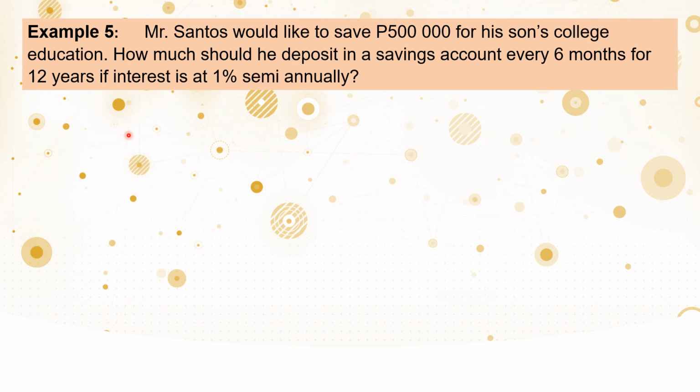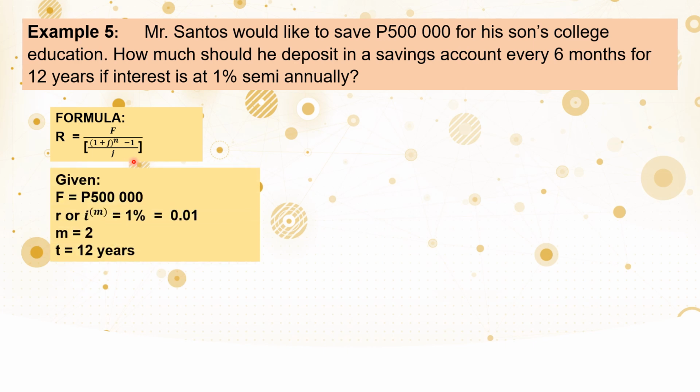So what is being asked in the problem is how much should Mr. Santos deposit in his savings account every 6 months. So we are going to find for the periodic payment or R. So to find for the periodic payment or R, we are going to use this formula.